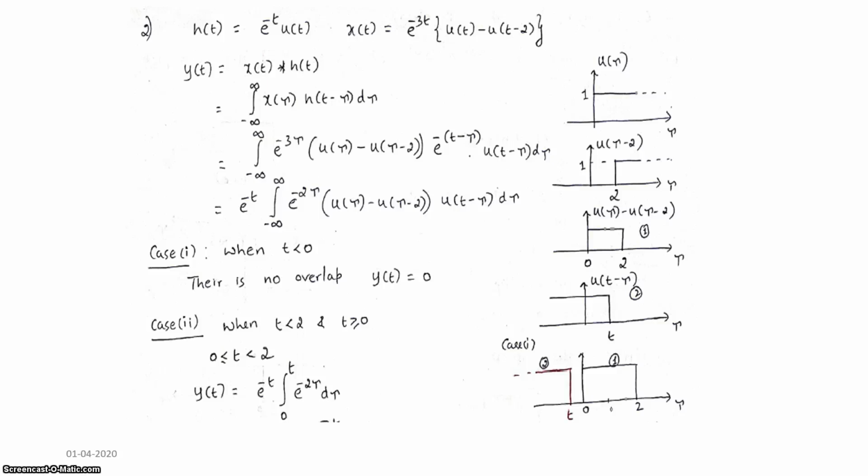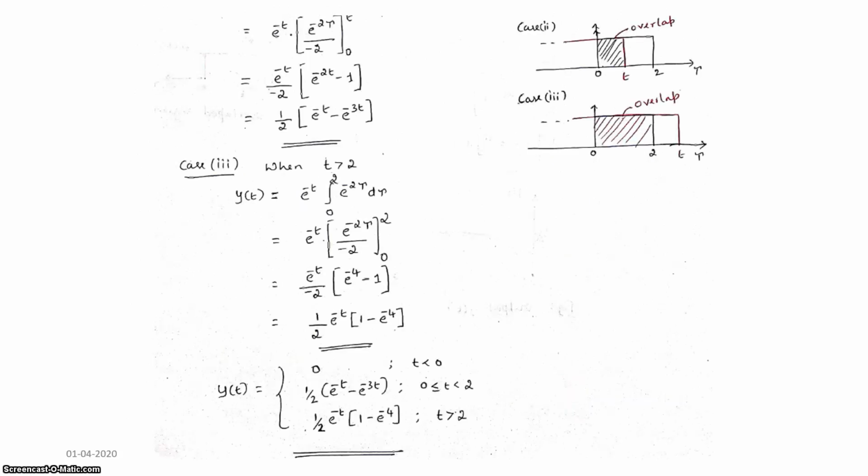Now the second condition. I'll move the signal to the right, and place the second signal between 0 and 2. I'll place t such that t is less than 2 and at the same time t is greater than or equal to 0. Combining the two conditions, t varies from 0 to 2. Here you can observe there is an overlap between the signals.